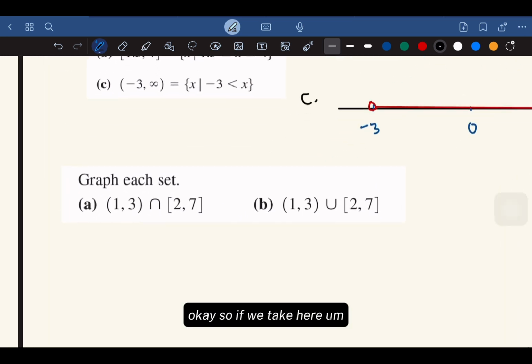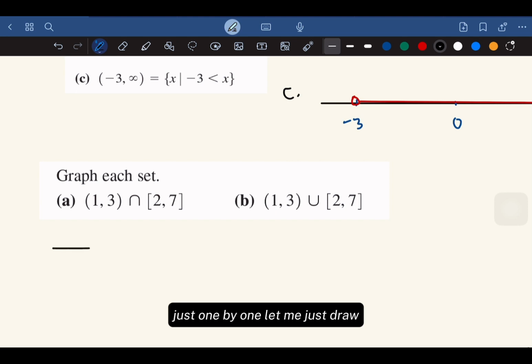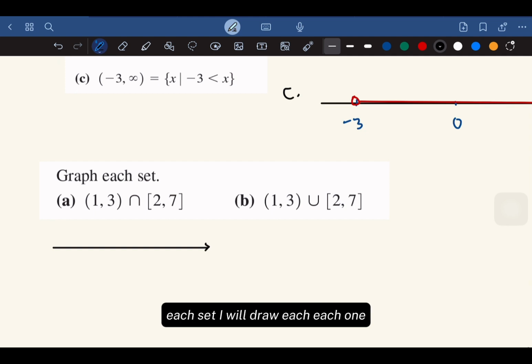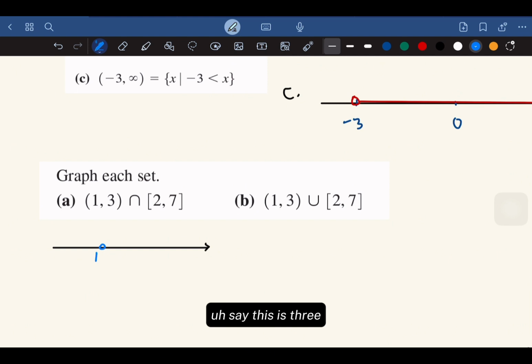Okay, so if we take them one by one, let me draw each set. Let me take a different color. So this is, let's say, 1, and 3 is here.